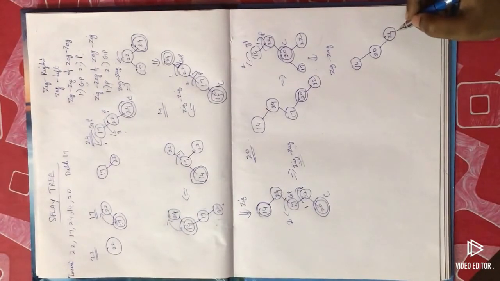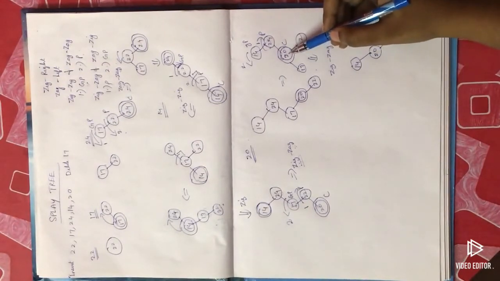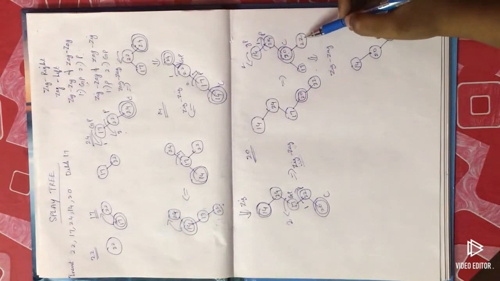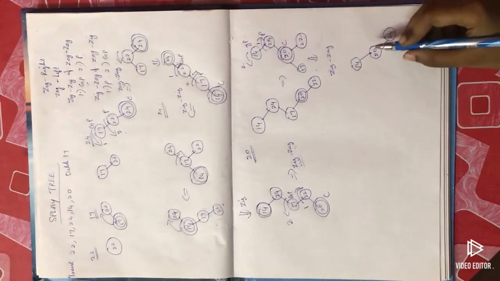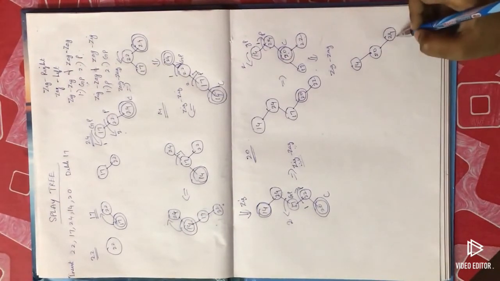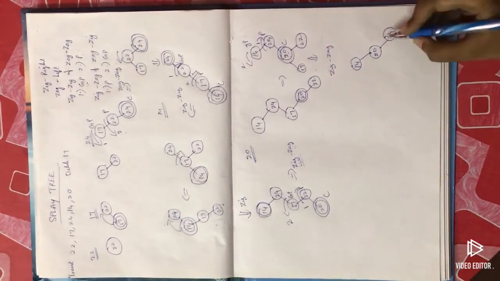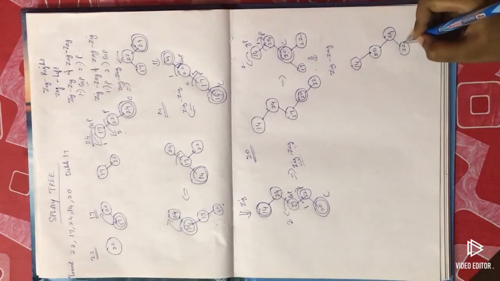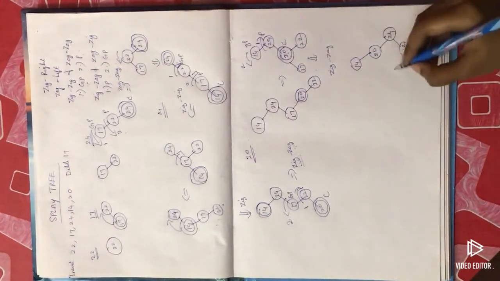And again we have to compare with this element 20. At the right of 20, what is there? 22. So you have to compare this 24 and 22. 22 will come at the right side of 20. At the right side of 20, 24 is already here, so 22 will come here. At the right side of 20, 17 is here.